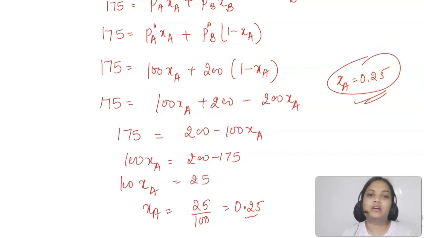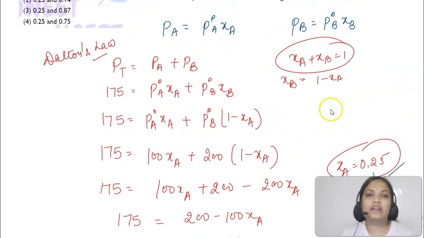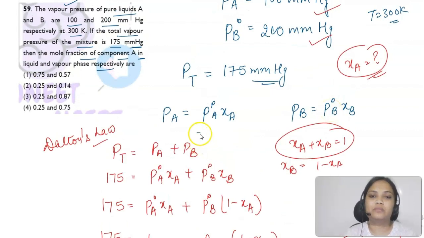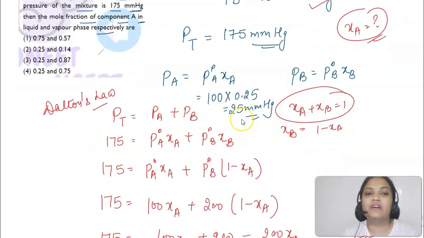Okay. So if you have got the value of XA from here, you can find the value of PA. PA is P naught A into XA, which is 0.25. So here you will get 25 mm of mercury, right? Now that's the PA. Why have I got the value of PA?